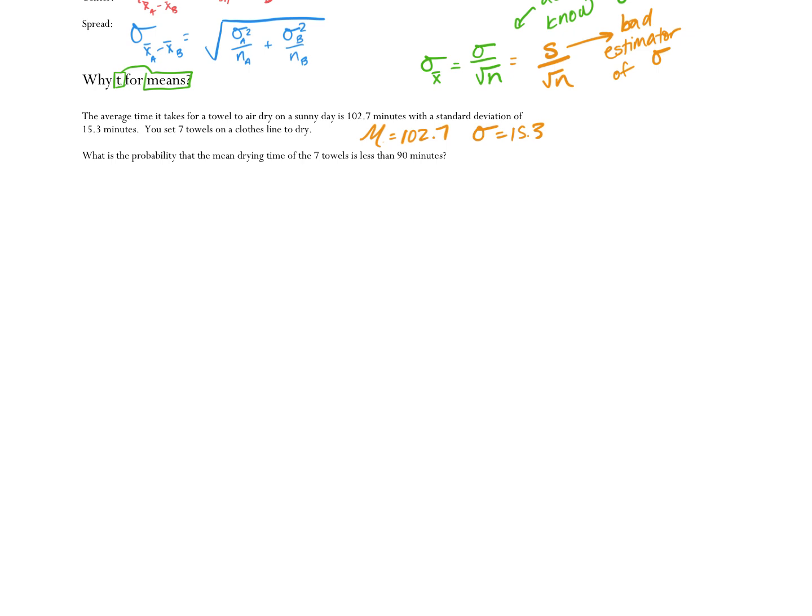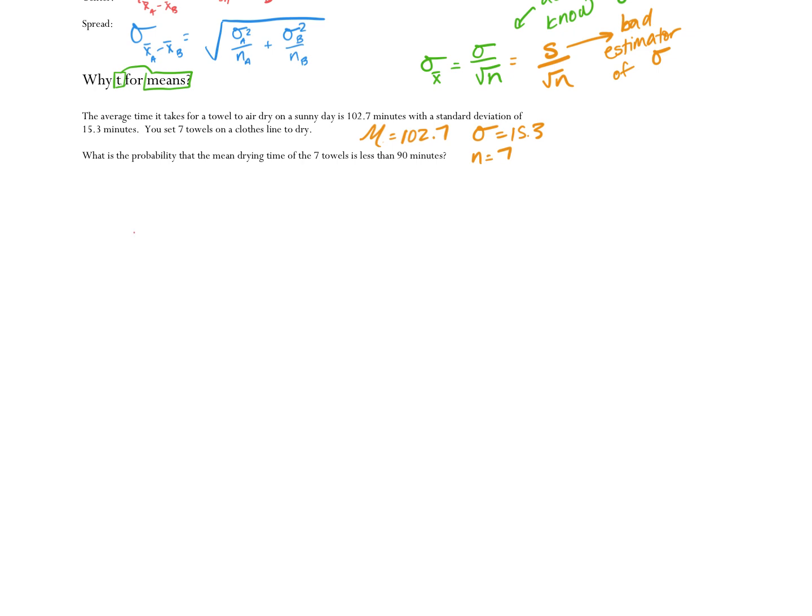All right, so the next thing is we set up 7 towels on the clothesline to dry. And the question is, what is the probability that the mean drying time of the 7 towels is less than 90 minutes?